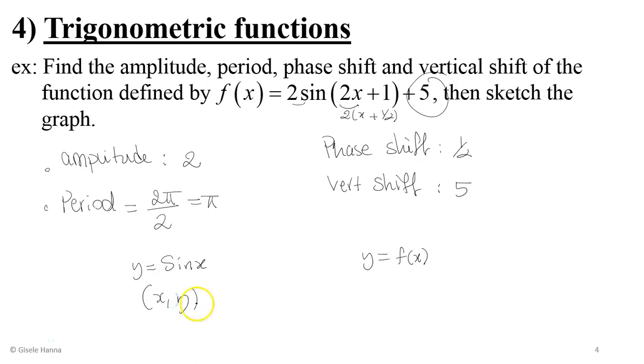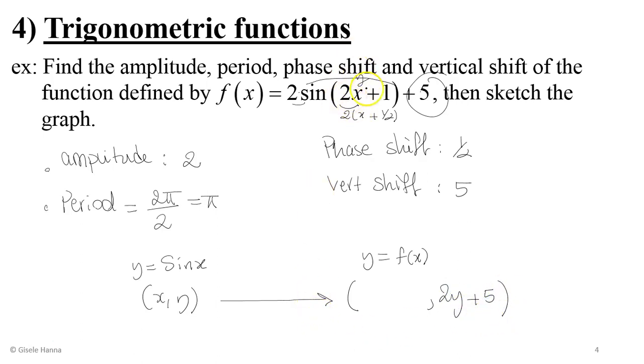If a point is represented by x, y on sine x, then what would its transformed ordered pair be on f of x? Let's just start with the ordinates. It's easy. So if sine is y, then what you're doing here is multiplying y by 2 and then adding 5.